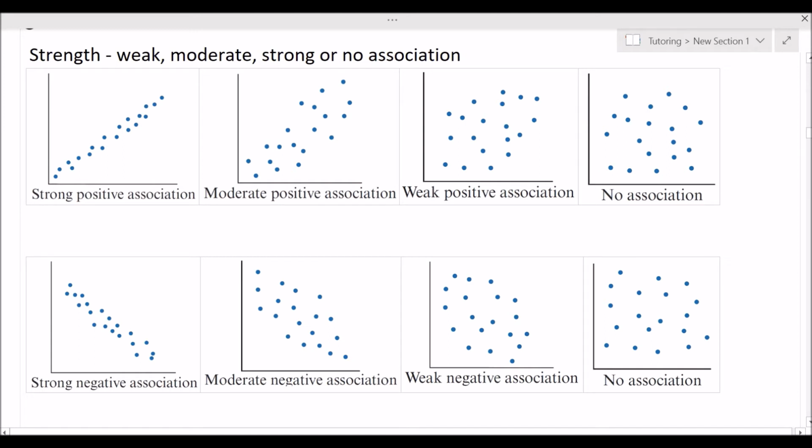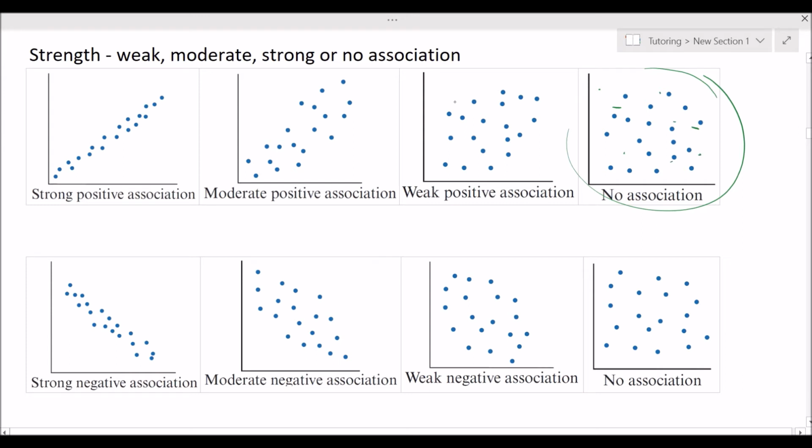And you can see that the closer the dots are together towards making a line, the stronger the relationship is. Okay, and you can see right over here at no association, the dots are just scattered all over the place, so there's no perceivable line.